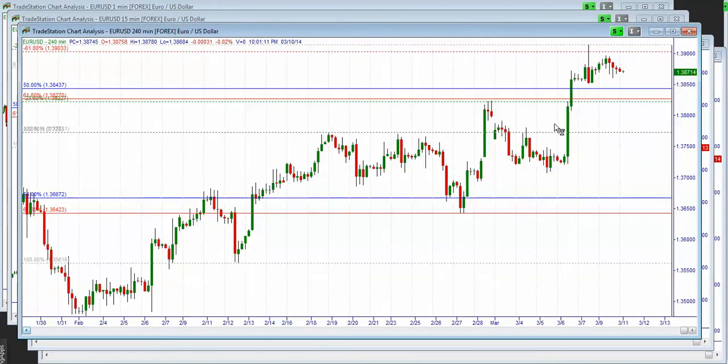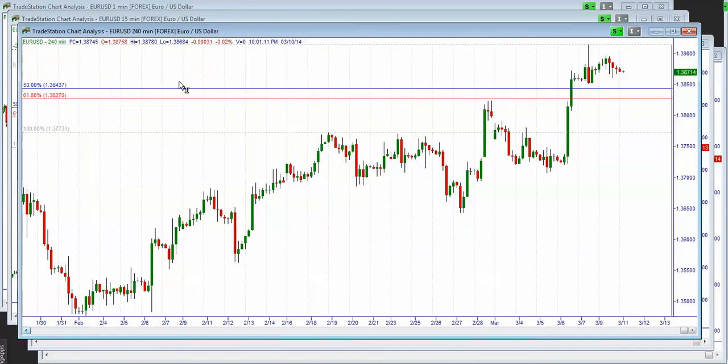So we still have the possibility, and this is the 4-hour chart, to see price actually correcting into this 138.43, and that would be a long trade with a stop below 138.26, 138.24. So this is it for the euro dollar.